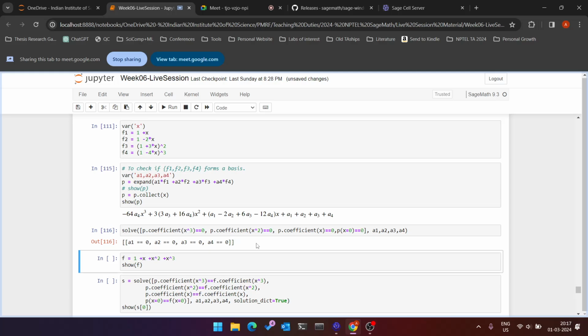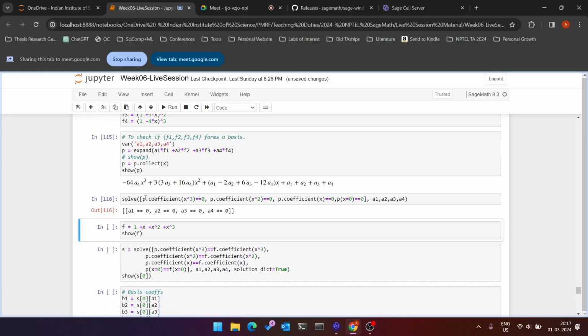So if we solve this equation, which is basically setting all the coefficients to 0, we get that the only possible way is if all the ai also go to 0, which means f1, f2, f3, f4 form a basis.